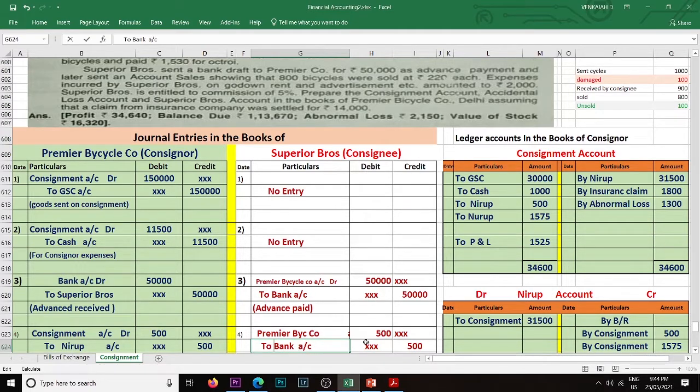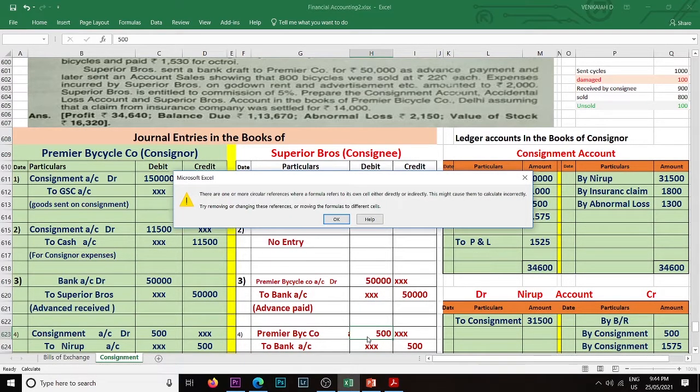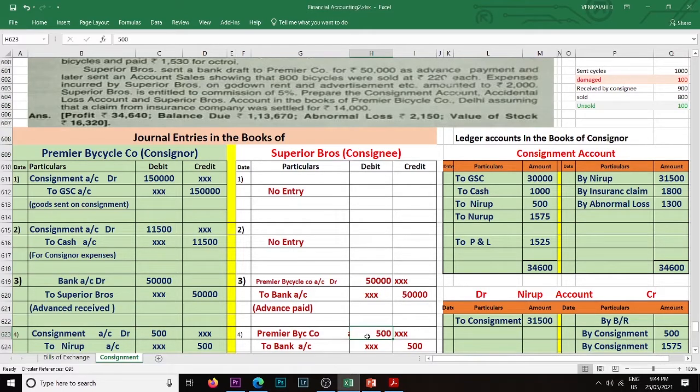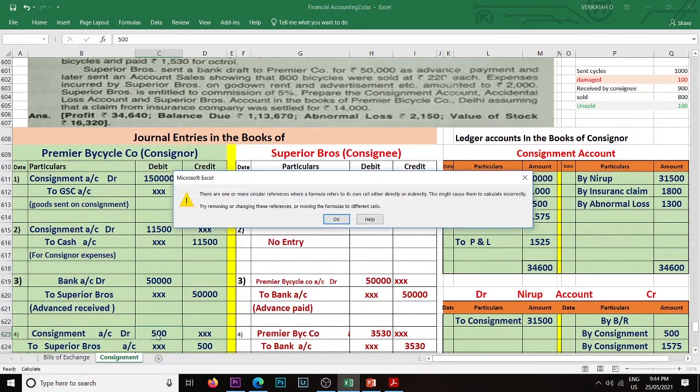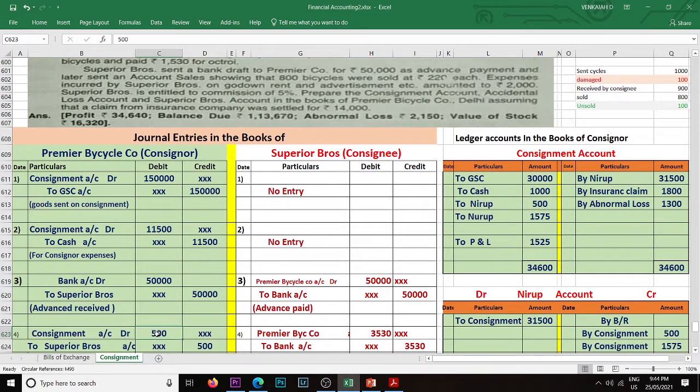First I am writing in the books of consignee. 3530. And consignment account debit to consignee account. Consignee is Superior Brothers account. 3530.